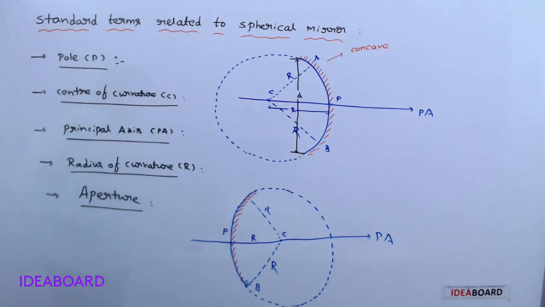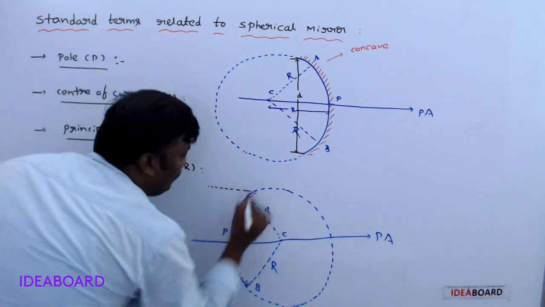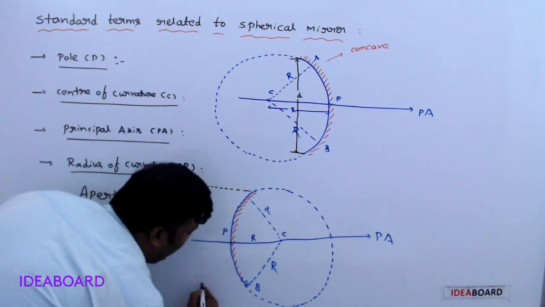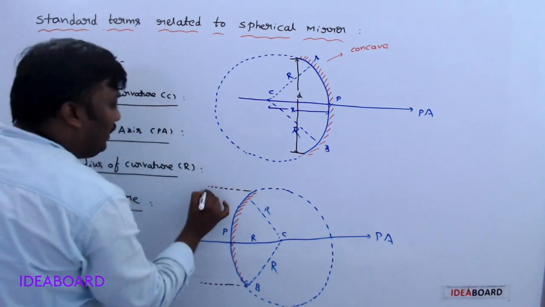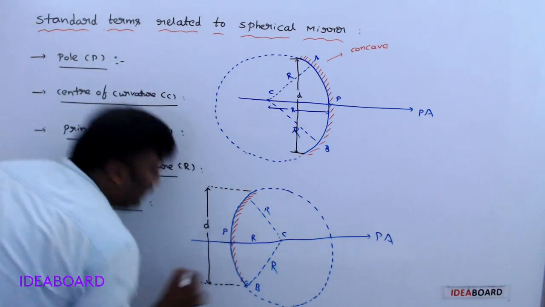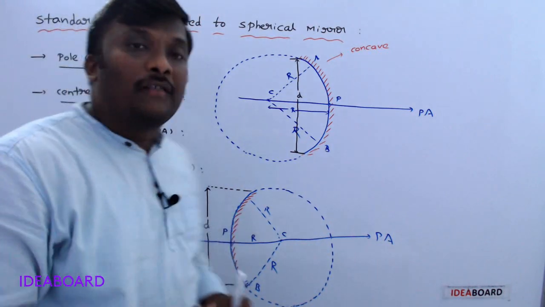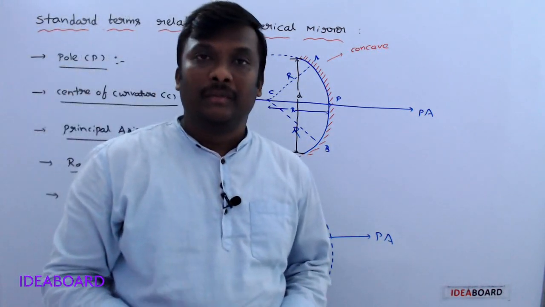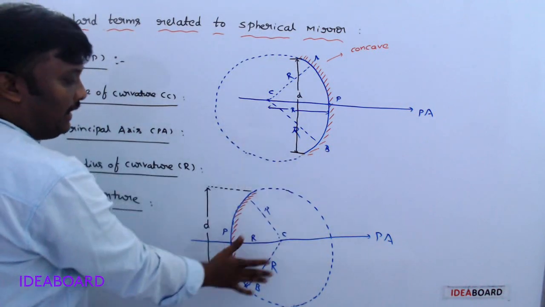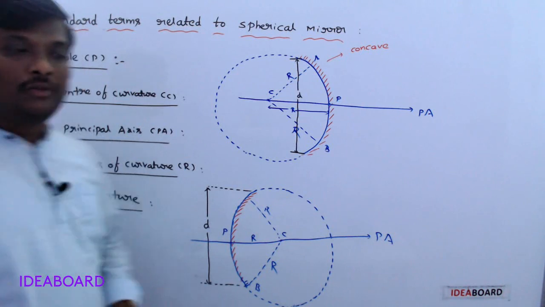Last, aperture. Aperture means the effective diameter of the mirror through which a ray of light is incident on the reflecting surface. Do you understand? So this is for the concave mirror, and this explanation is related to the convex mirror. Please note it down.